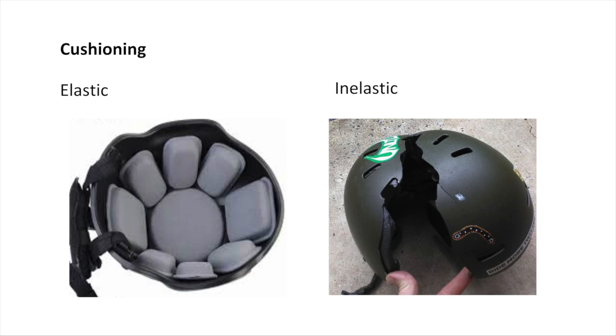A couple of final thoughts. You saw Professor Dave's video on elastic and inelastic collisions. Elastic means that we have something like padding that will bounce back. That padding allows us to increase delta t and therefore reduce F during the crash. However, we can also have an inelastic collision, and the helmet itself can play a role in protecting the egg.